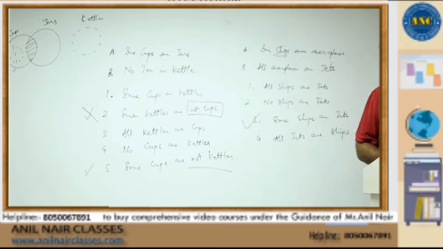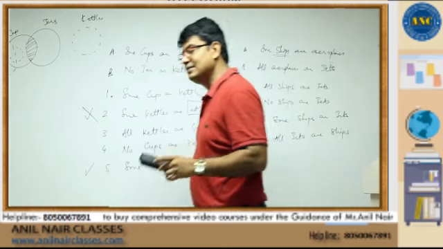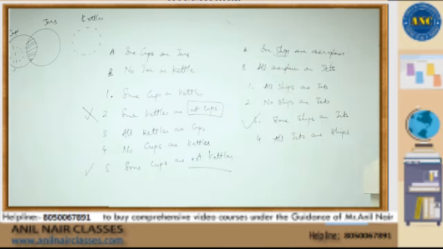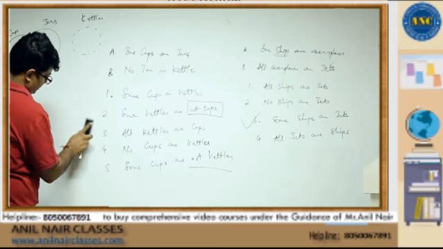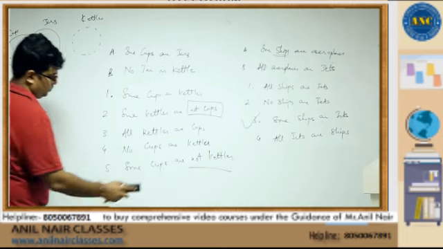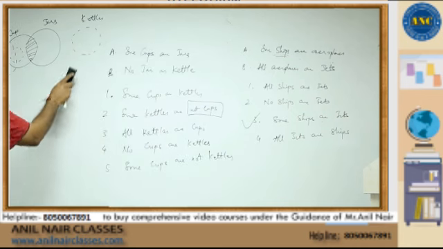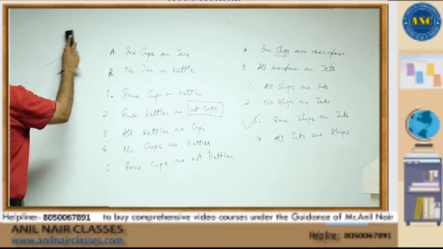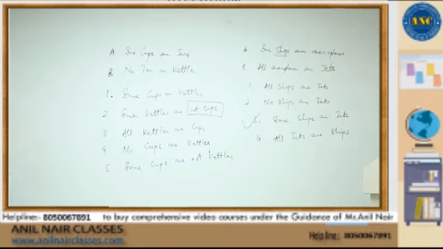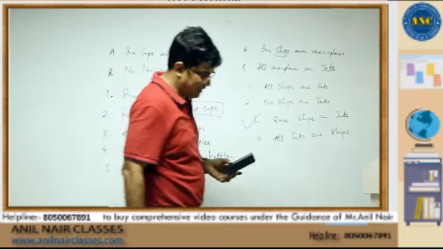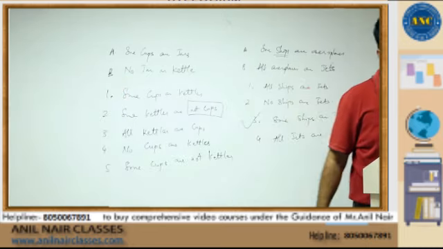Rule 4. If one of the premises is negative, the inference has to be negative.